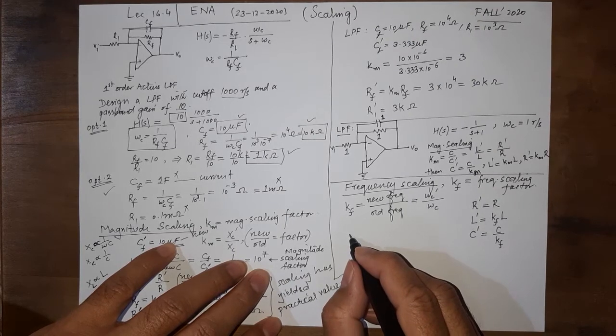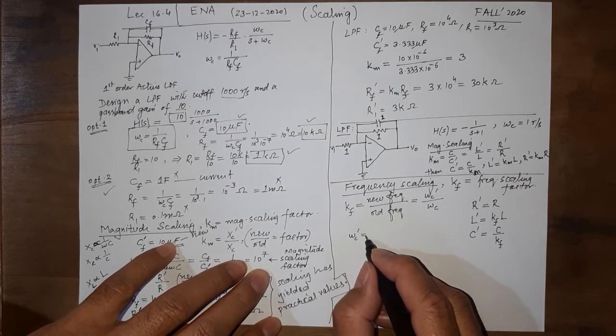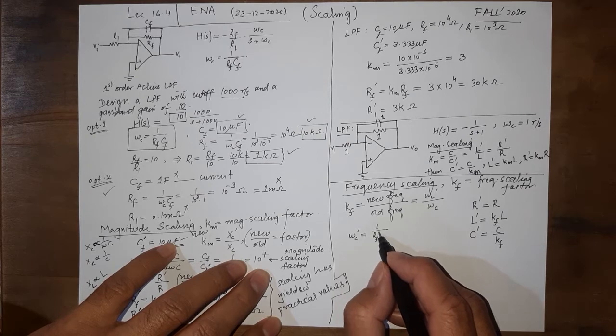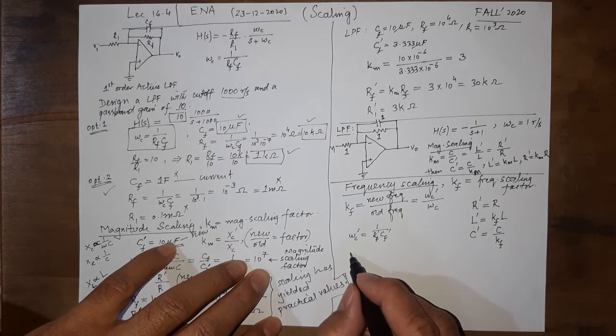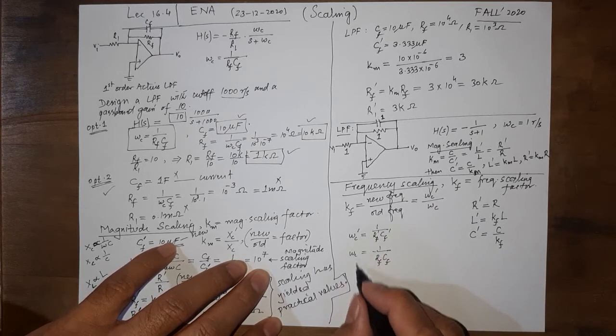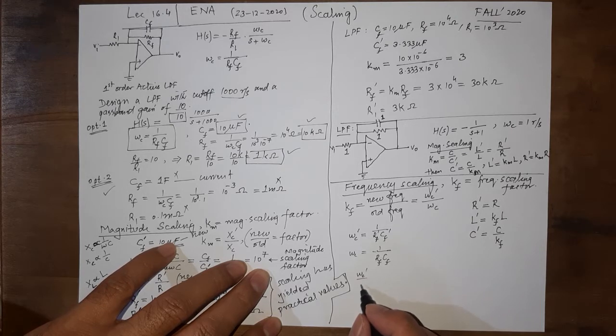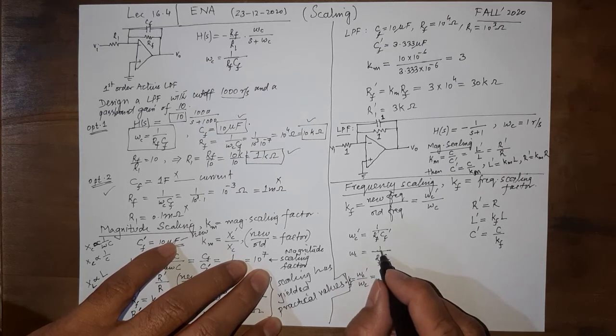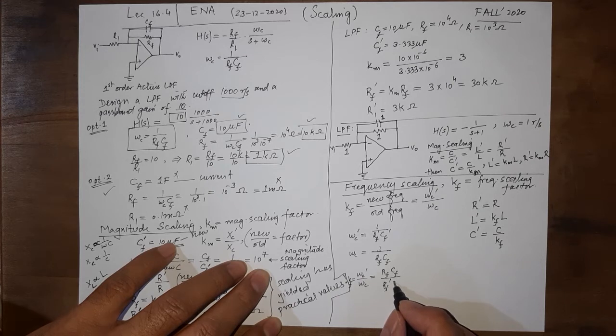So if the new cutoff frequency for such a filter is equal to some new parts, that is RF dash and CF dash, and the old one was equal to 1 over RF times CF, then you see if I take the ratio of both sides, then we get omega C dash over omega C, which by definition is the KF, and this part is going to become RF CF over RF dash CF dash.